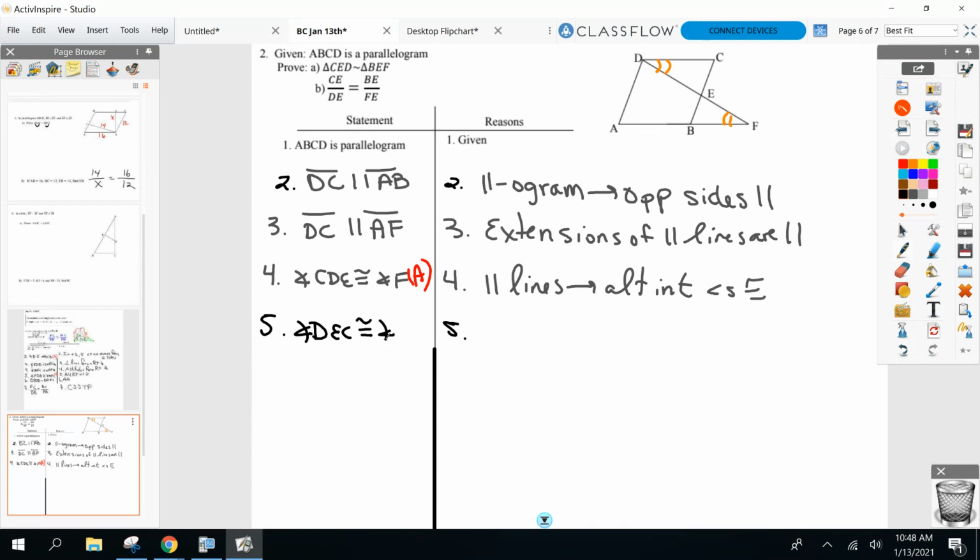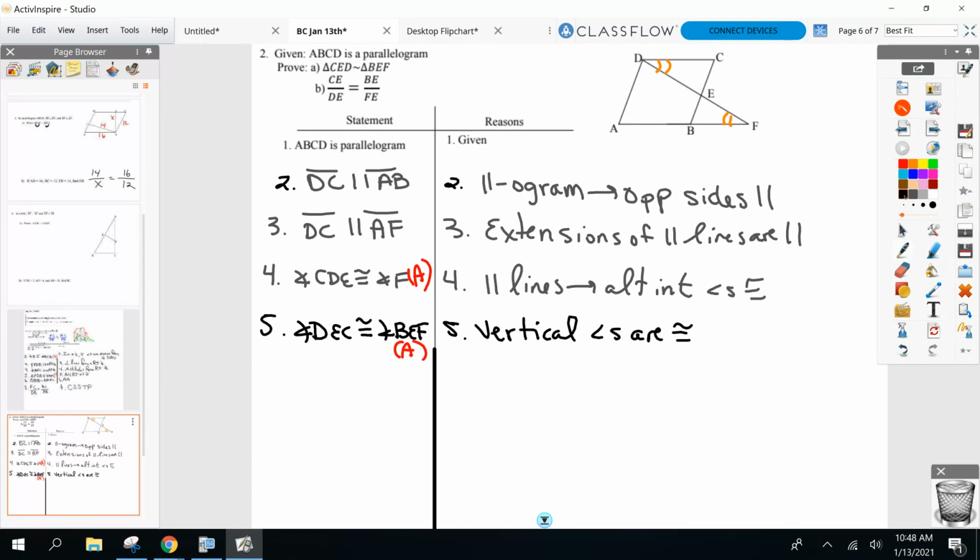DEC and BEF. Now, if anybody wanted to, in step 4, put the other pair of alternate interior angles, angle C and angle EBF, that's fine too. You don't have to mention vertical. And there's my other pair of angles, and we are ready to finish this off.